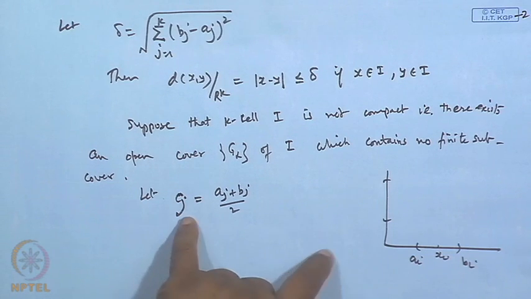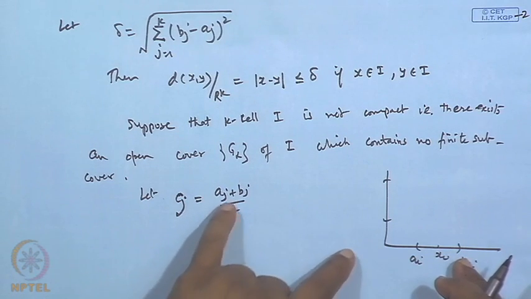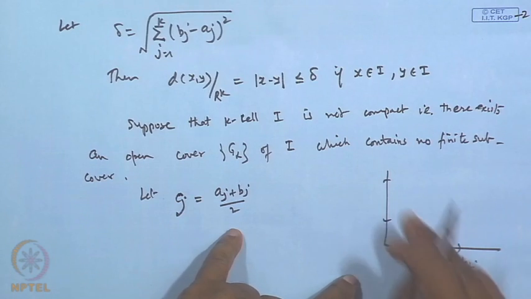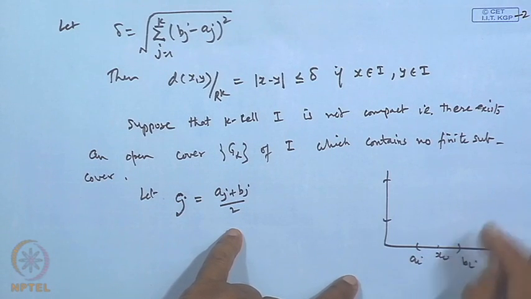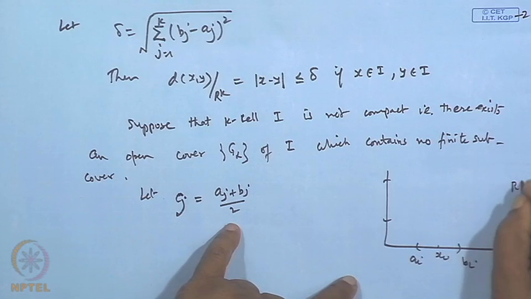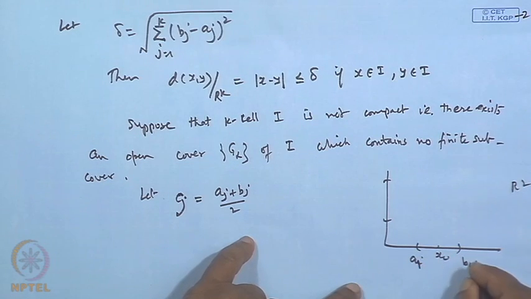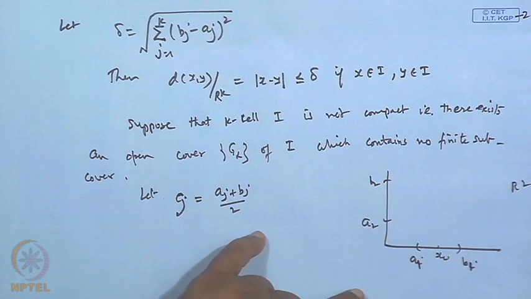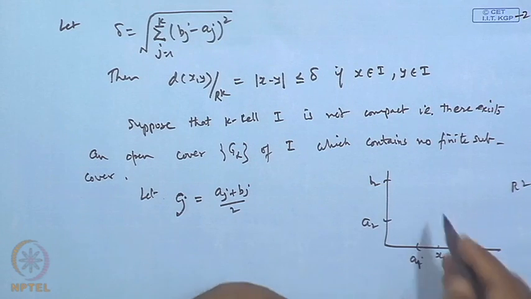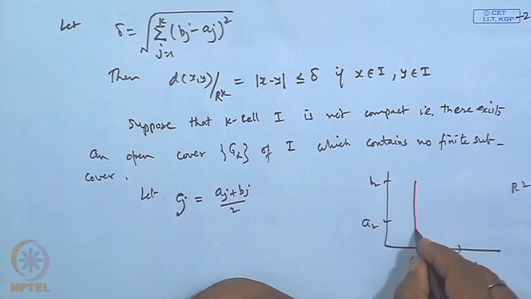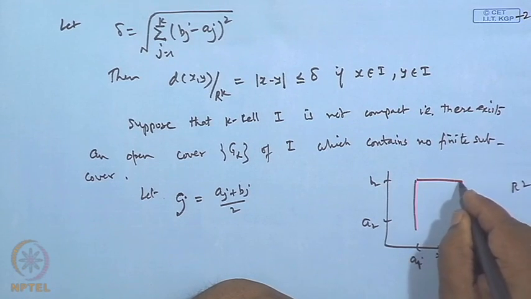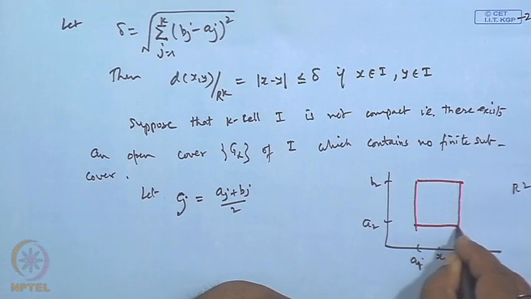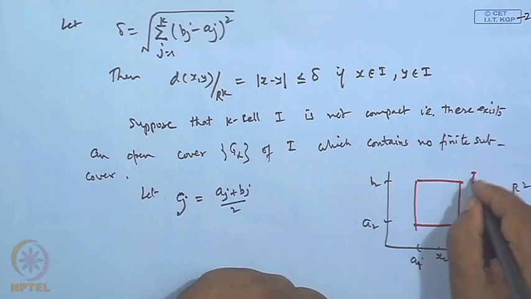It means c_1 I am taking as (a_1 plus b_1) by 2, c_2 as (a_2 plus b_2) by 2. Suppose this is in R^2: here this is a_1, this is b_1, here is a_2, this is b_2, and this is our rectangle, the interval I.